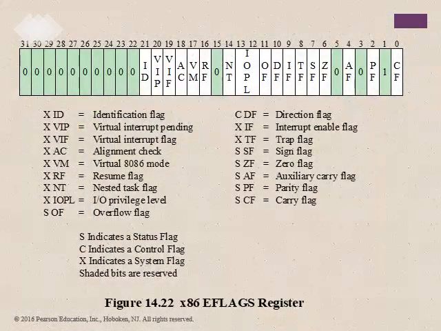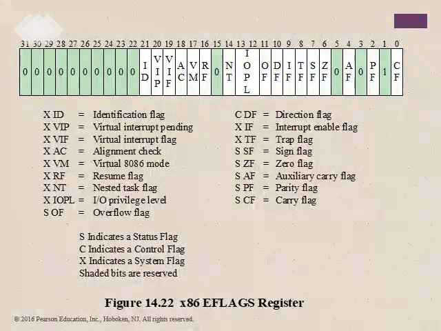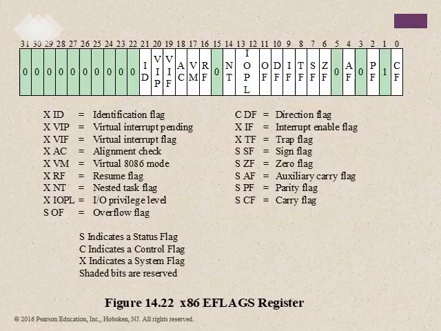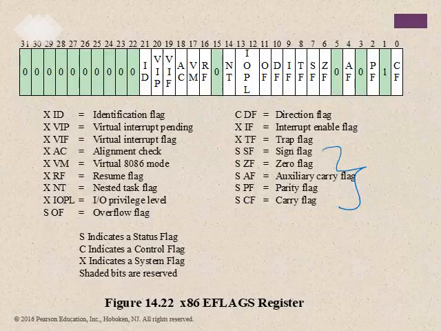This is the EFLAGS register, extended flags, which indicates the condition of the processor and helps to control its operation. It includes the condition codes that you are very familiar with: sign, zero, auxiliary, parity, and carry. In addition, there are also bits in the register that may be referred to as control bits, like trap flag, interrupt flag, and so on.